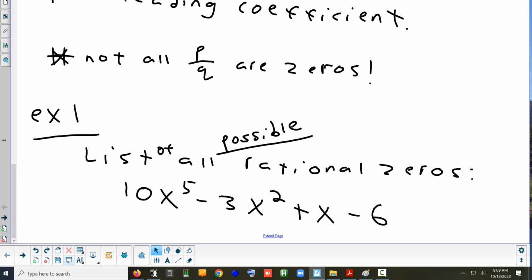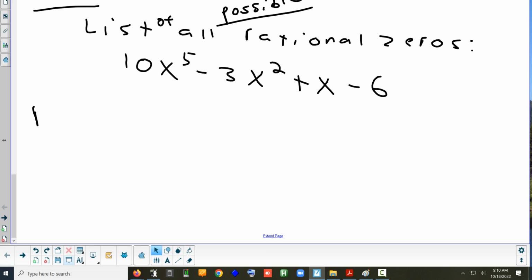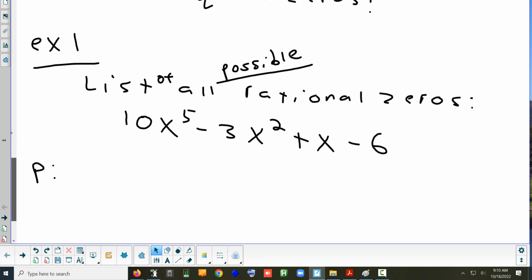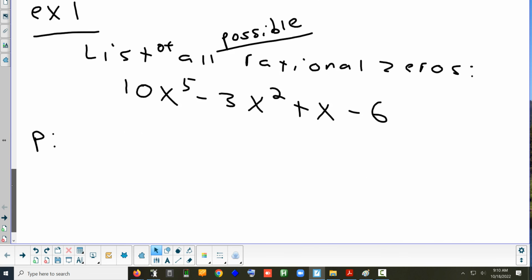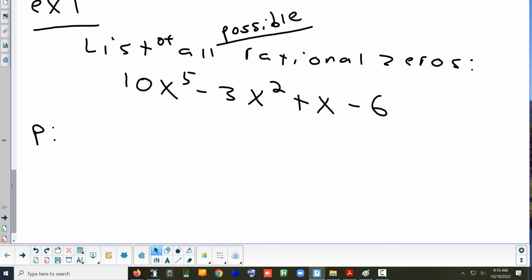So the first thing we have to do is identify the p values and the q values. Okay, so we're going to identify the p-values and the q-values. Start with p. So p are the factors of the constant. What's the constant in that problem?